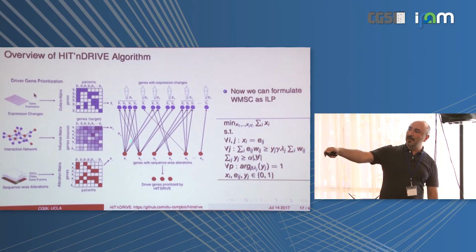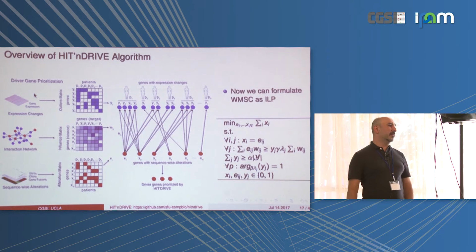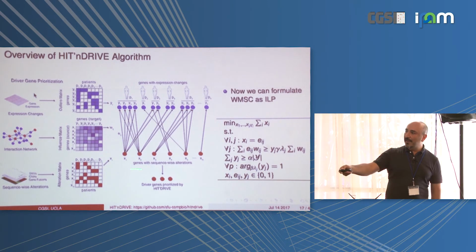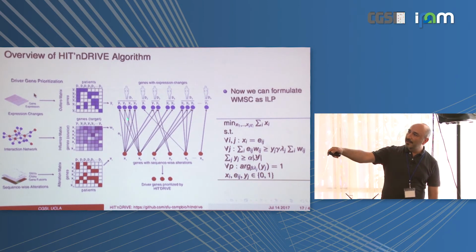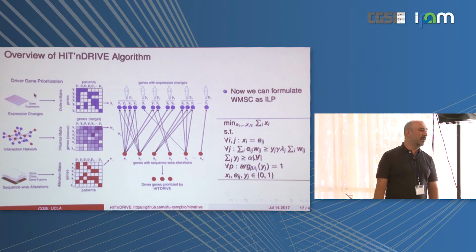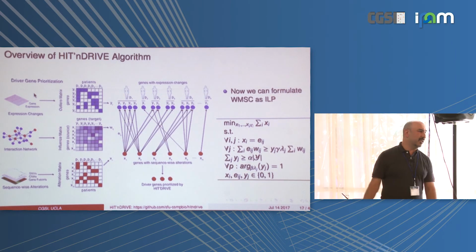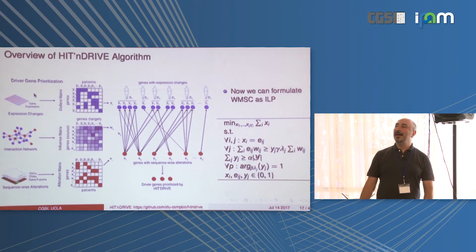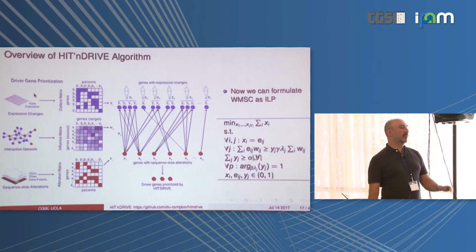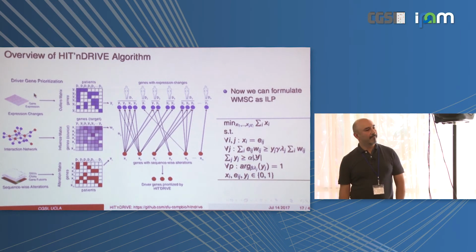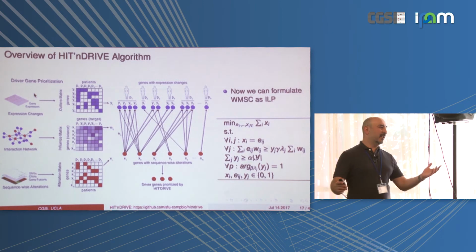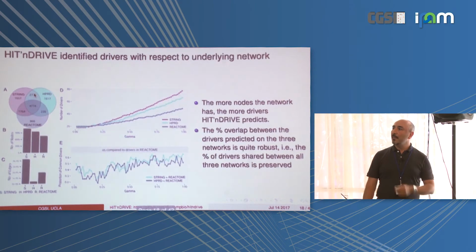Right? And these are weighted with inverse hitting times. Now I'd like to make sure that I pick up the smallest number of these genes such that the incoming influence, the incoming inverse hitting times, for a vast majority of these expression-altered genes is above a threshold. So that is the formulation.